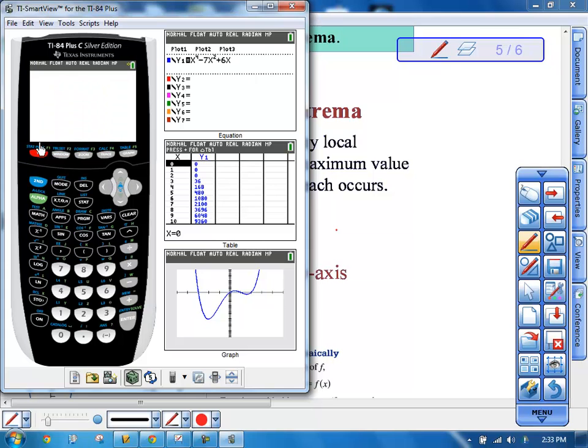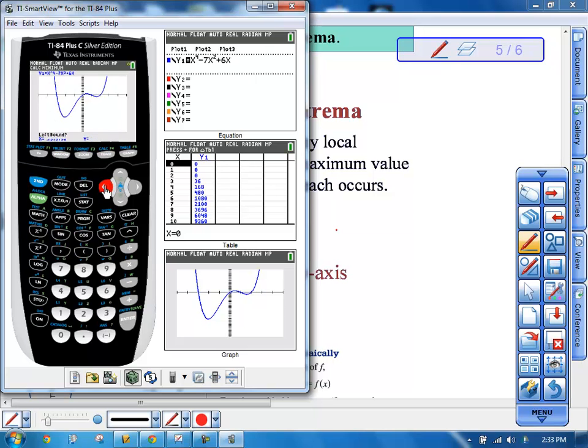If you graph this 4th degree polynomial, here's what it'll look like. I had to adjust the window to get a good graph. From this graph, we can get the absolute minimum and a relative minimum, which is what they want. To do that, we do second calculate, minimum, which is 3.